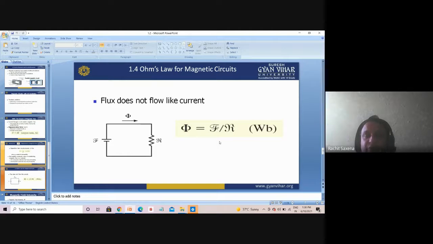I hope you understand MMF and all this. So in the electrical field we can write I equals V upon R, or I equals EMF upon R. But in the magnetic field, phi equals MMF by reluctance, S or R.